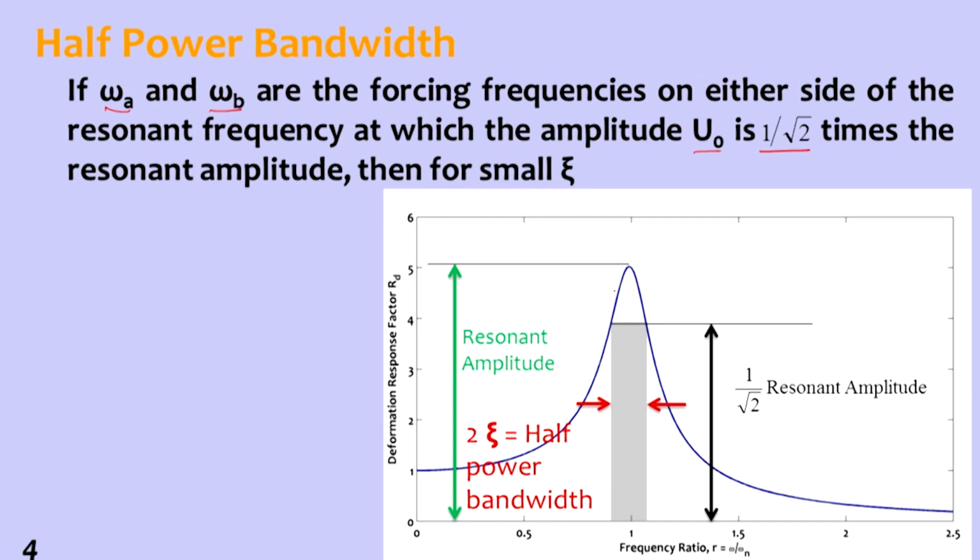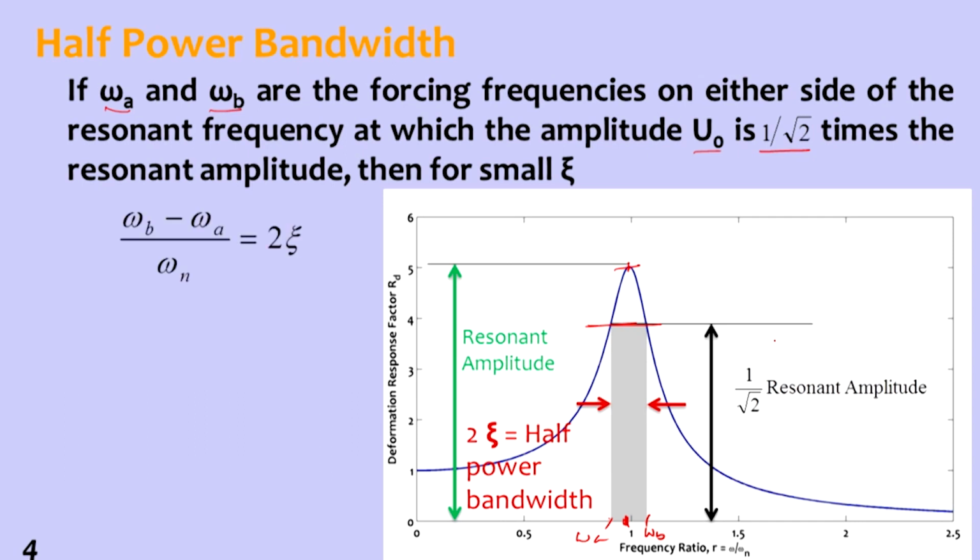If you look at the curve, the definition says that omega A and omega B are frequencies on either side of the resonating frequency. So this is omega A and this is omega B. The resonating frequency is somewhere in the middle, at which amplitude u0, which is 1 by root 2 times the resonating amplitude.